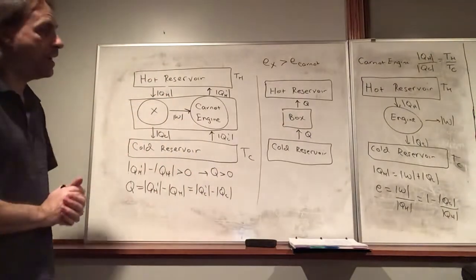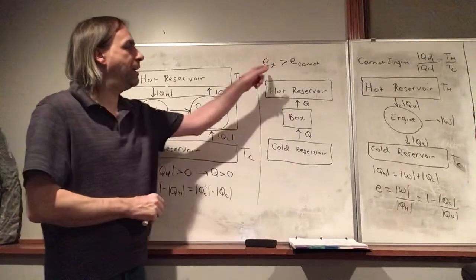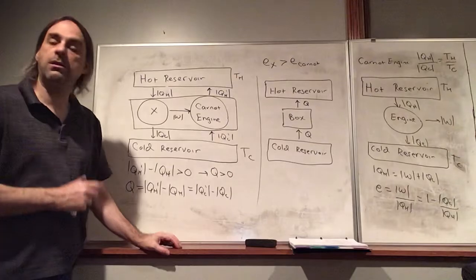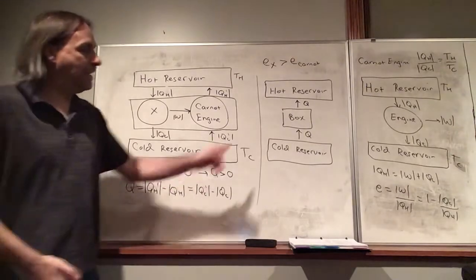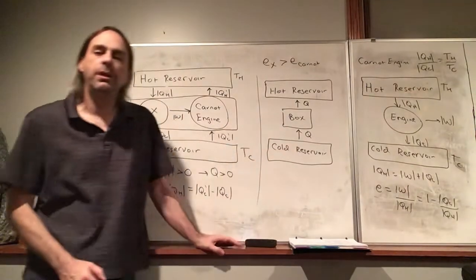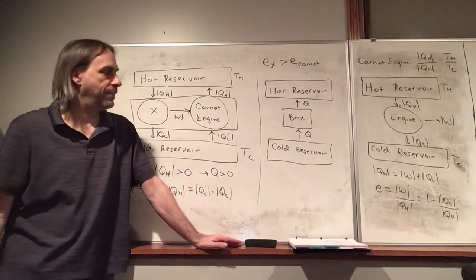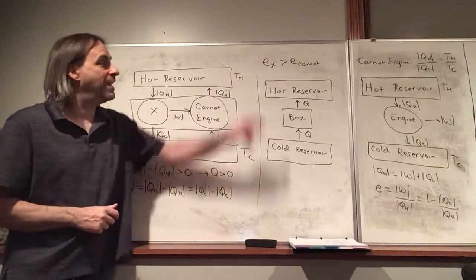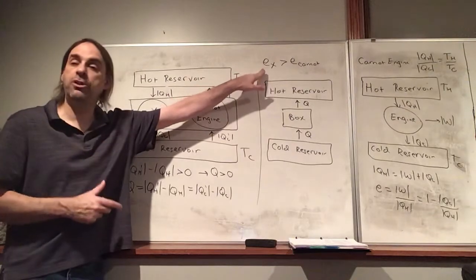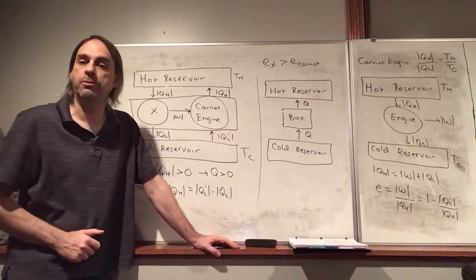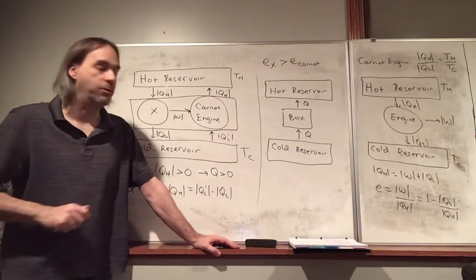And that's what we've done. We started this whole thing on the assumption that this engine was more efficient than a Carnot engine, and that led to this impossible result that the second law of thermodynamics was being violated. And so the result is that this cannot be true. We've shown that our assumption must be false because it leads to an impossible result.